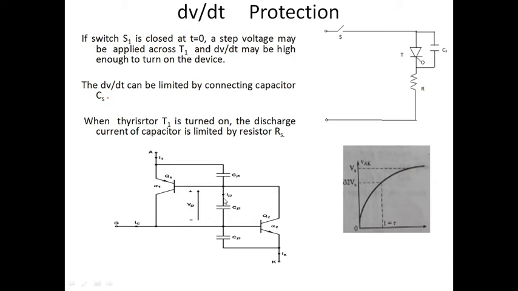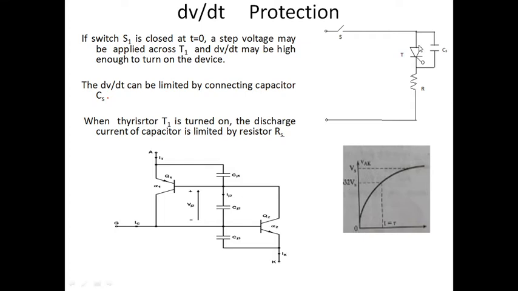This charging current will increase ICBO1 and ICBO2, which will increase the values of alpha 1 and alpha 2. Again alpha 1 and alpha 2 increase, so IA increases, which means again alpha 1 and alpha 2 increase. So this is a positive feedback effect. A large IA will flow, or else I can say that the SCR will turn on.